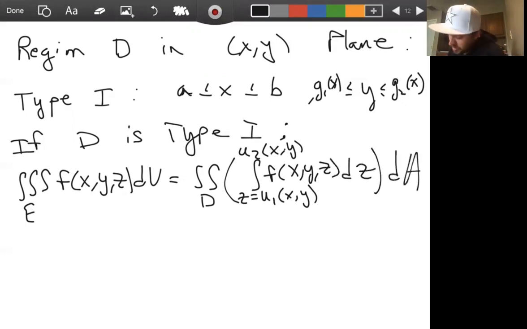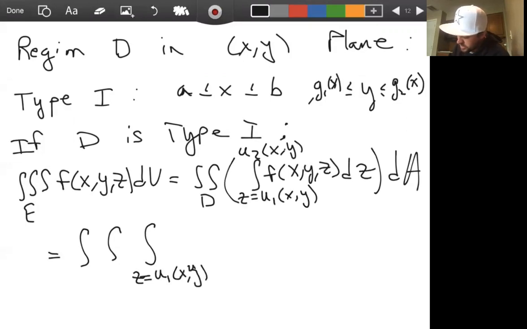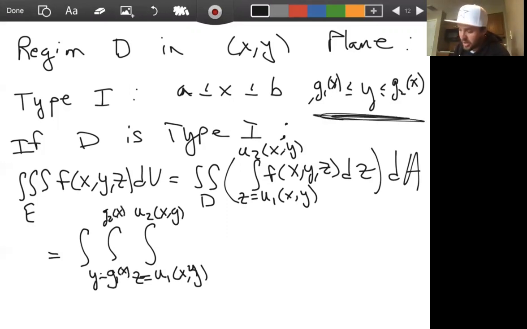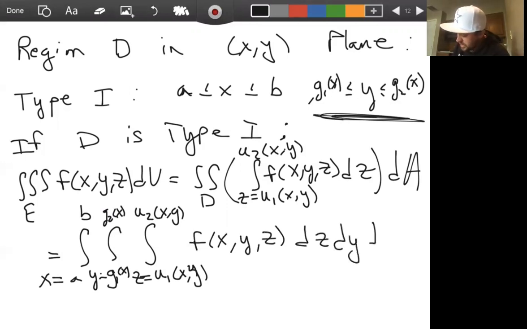Well, if D is of region type 1, then this is the iterated integral. z goes from u1 of x, y to u2 of x, y. y then goes from g1 of x to g2 of x, because y is bounded by functions of x, so we must set up the integral of y first. And then x goes from a to b of f of x, y, z dz dy dx, right?